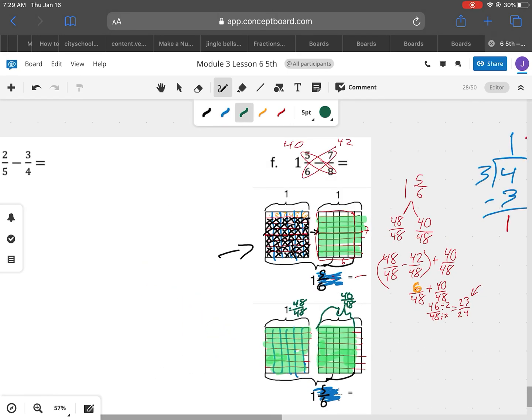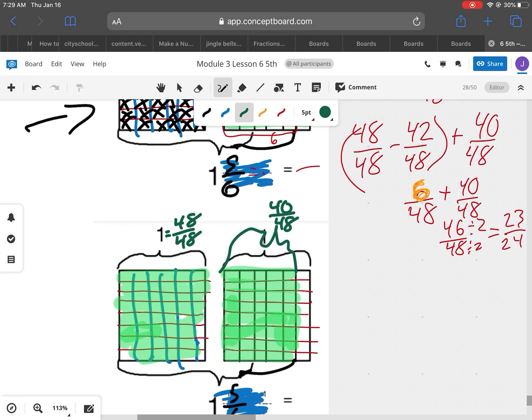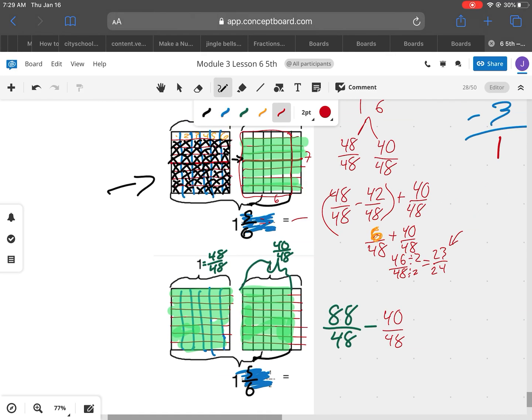Just checking my number real quick. Okay, so now I add 40 48ths and 40, and that will give me 88 48ths. And now I'm going to subtract my 40 48ths. Nope, something went wrong.